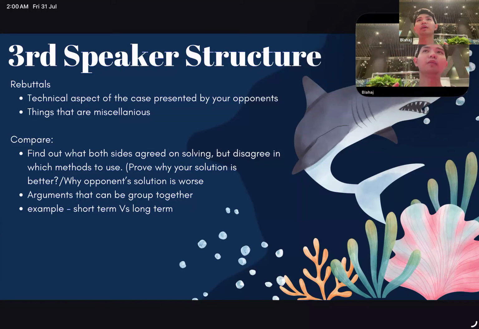Keep in mind that in almost every problem, despite both sides agreeing that it should be solved, the method to solve the issue itself will ultimately be different. So always try to prove why your solution is better and why your opponent's solution is worse.